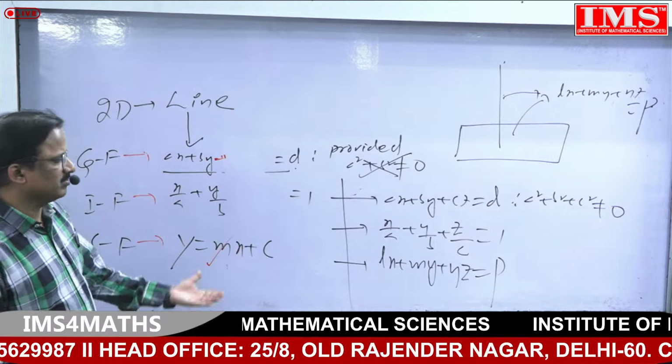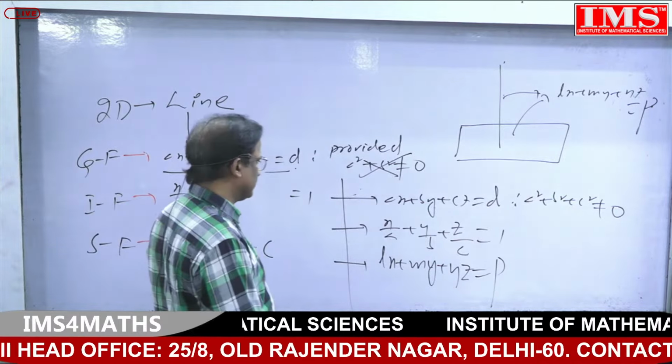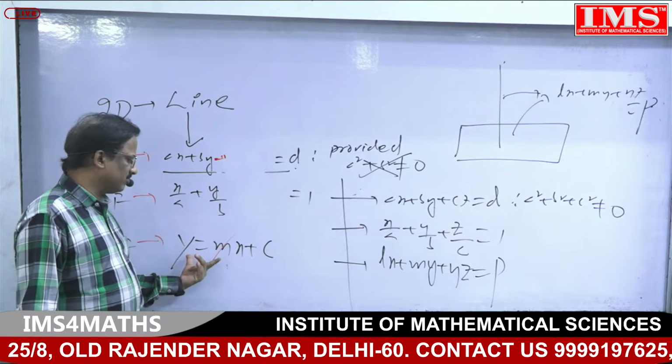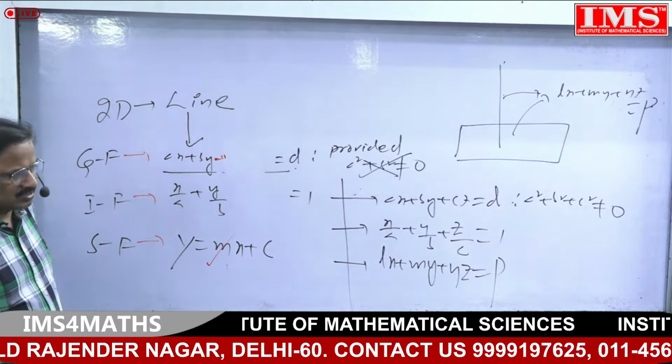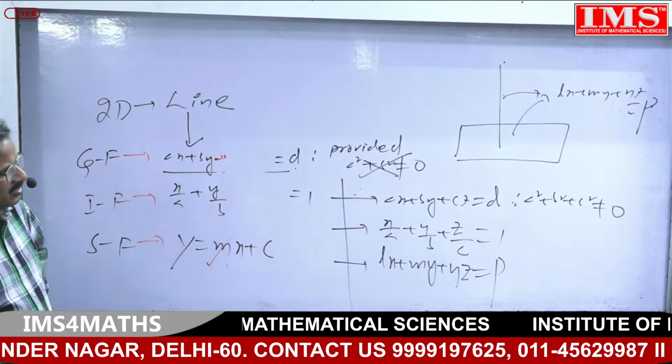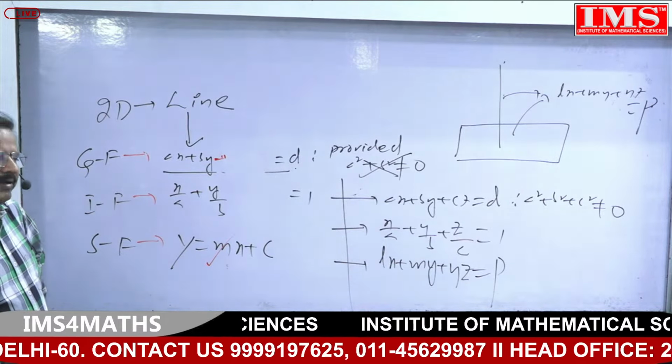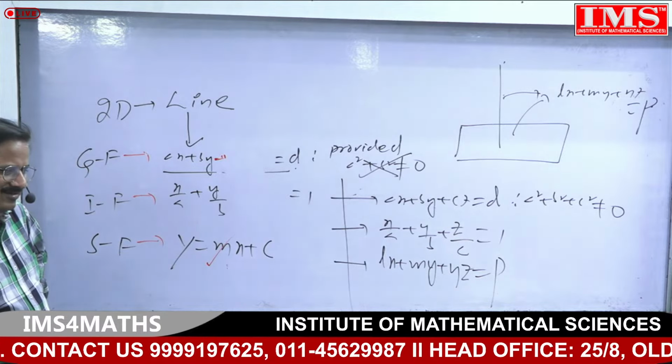Normal form, and then what? Intercept form, this I told. Here is the general form, intercept form, and slope form. That's what I spoke. In the 2D, you talk about angle bisector lines, right?